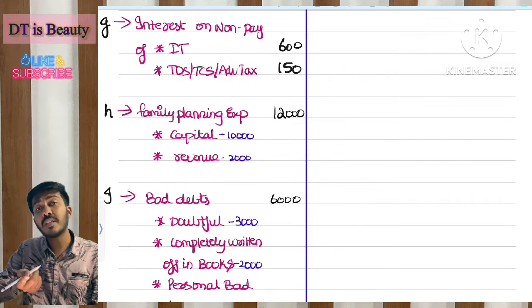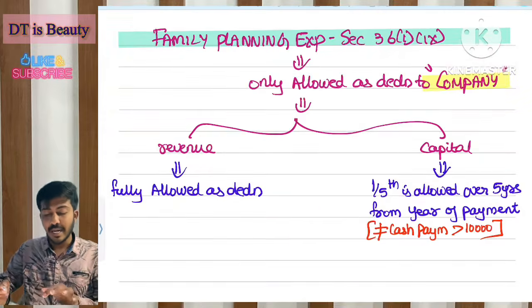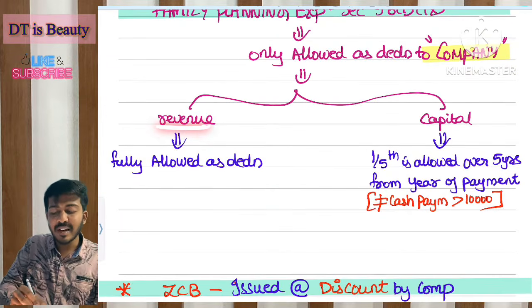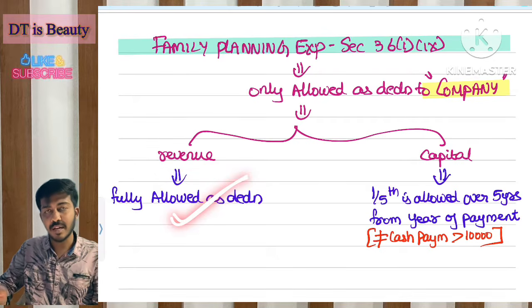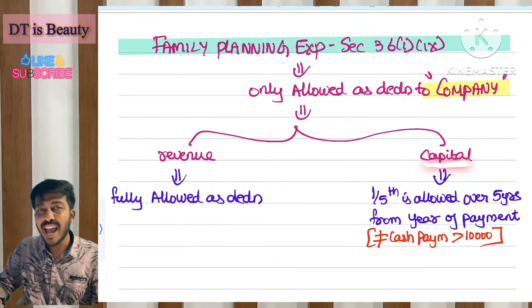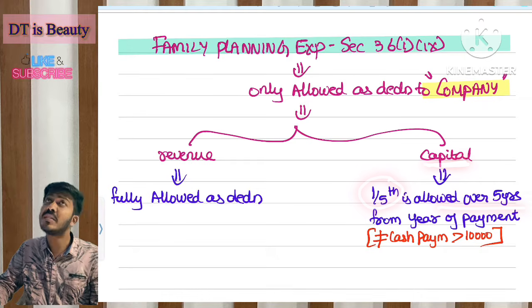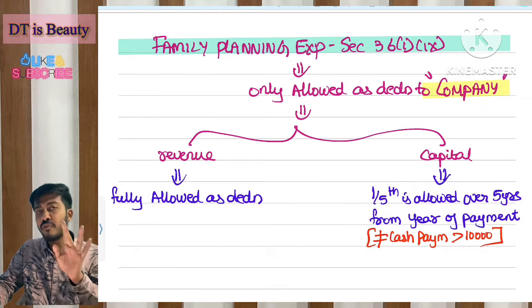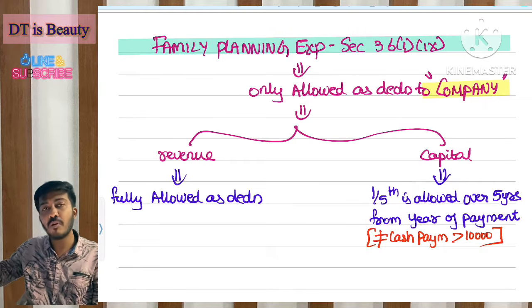Sir, what if the question says that Suku is a company? Then what should you do? It says that whatever you incur as revenue nature expenditure related to family planning is fully allowed as deduction. Whatever you incur as capital expenditure, 1/5 is allowed over 5 years. Similar concept like VRS, 4/5 will be disallowed. If they take the entire thing in the P&L, 1/5 only is allowed over 5 years.